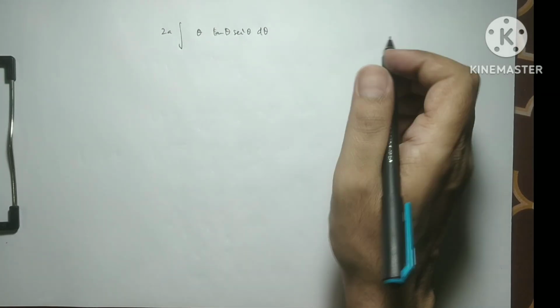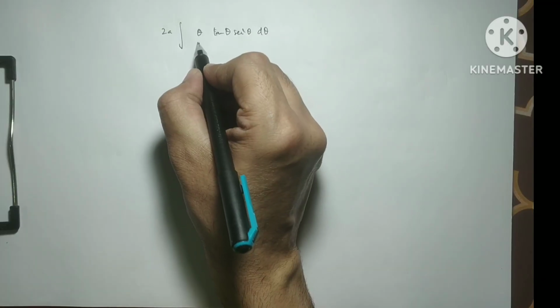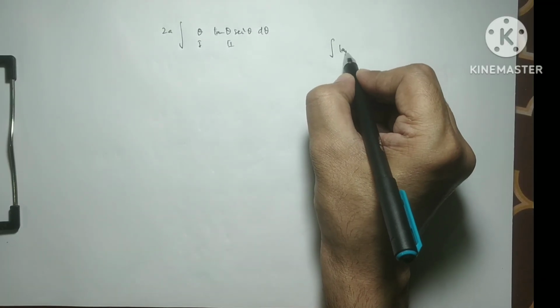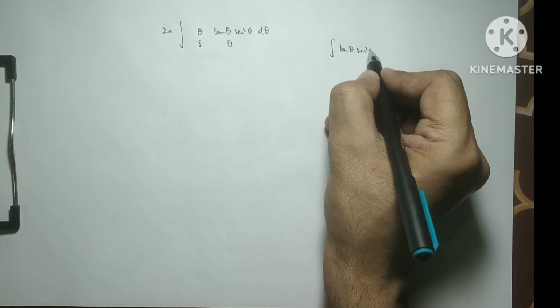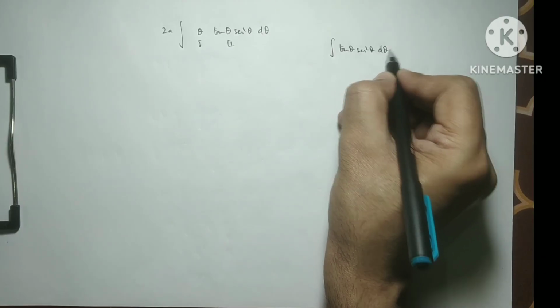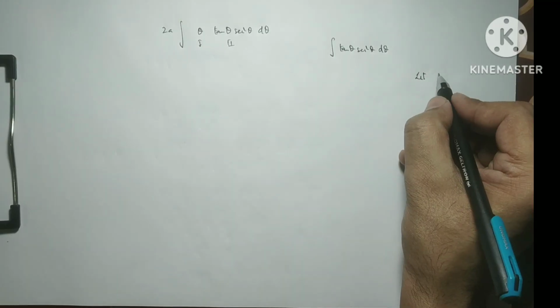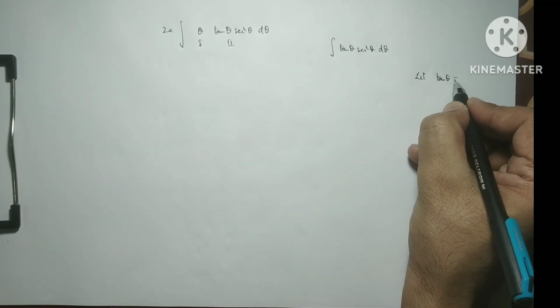So if we integrate the second part, the integration of tan theta sec square theta, let tan theta be u.